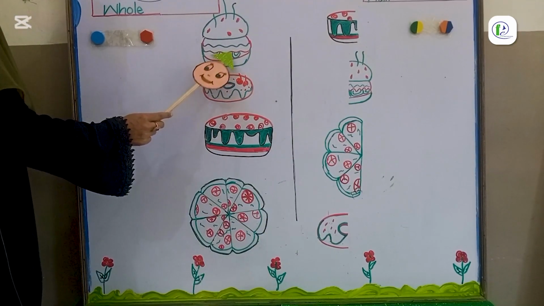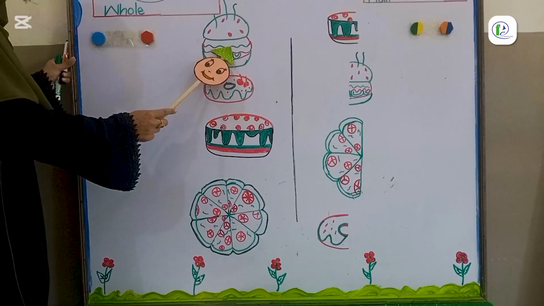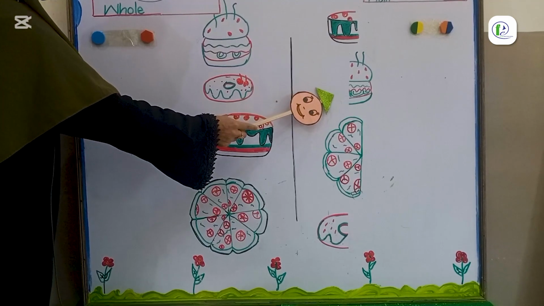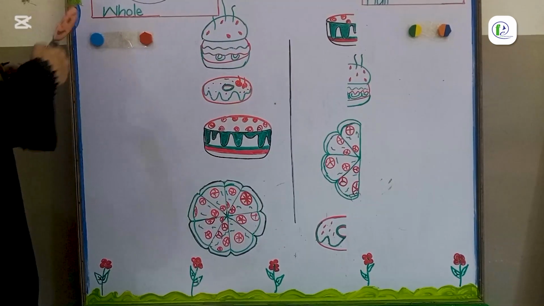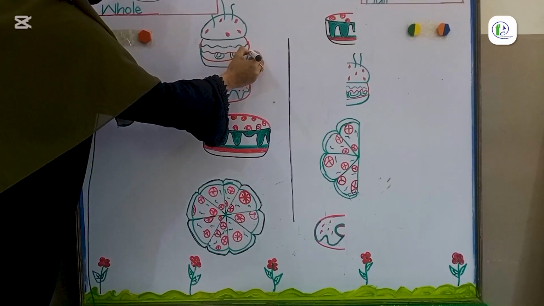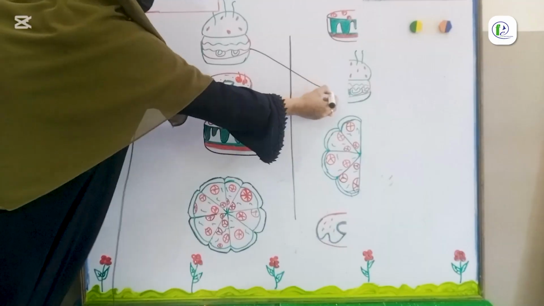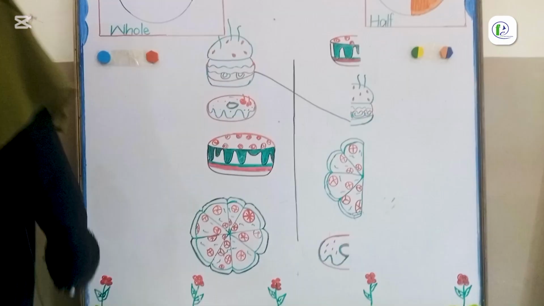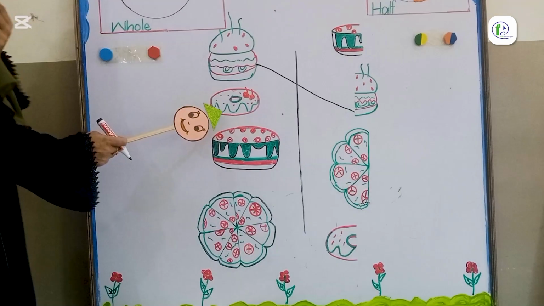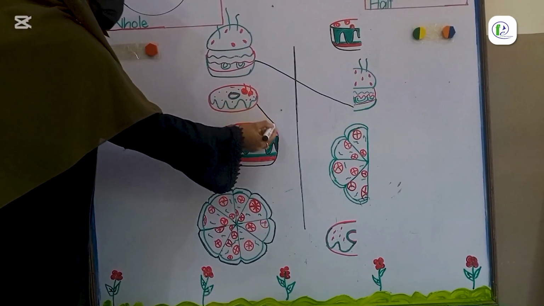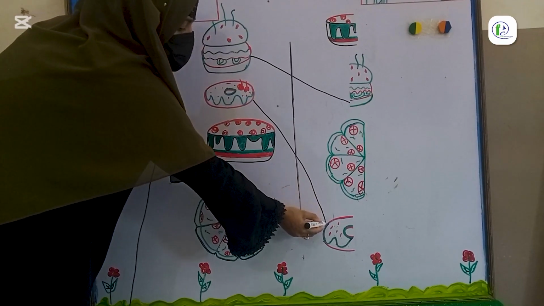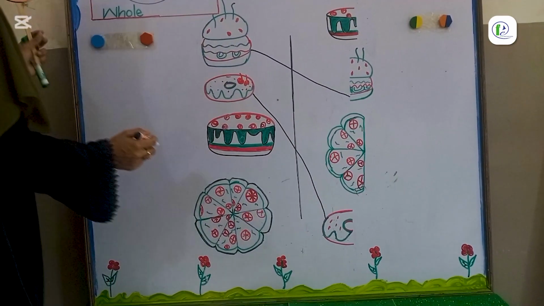So we can match whole burger with half burger by drawing a line. Whole burger match with half burger. Okay, the next is we have donut, whole donut match with half donut like that.